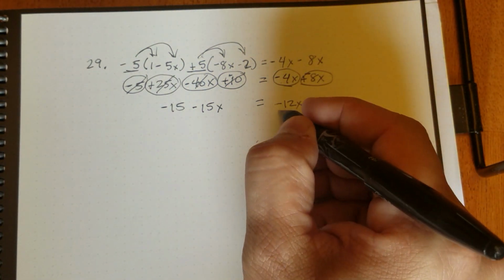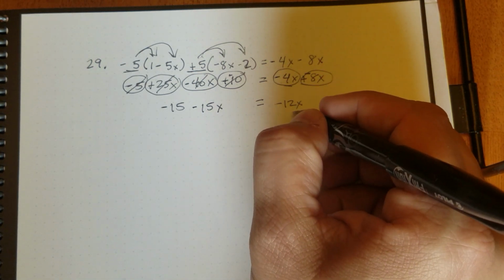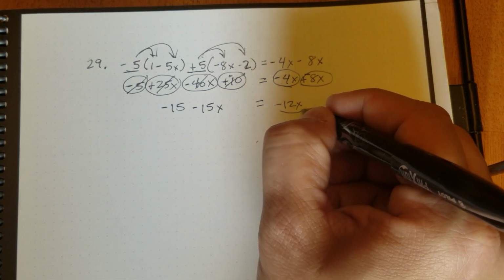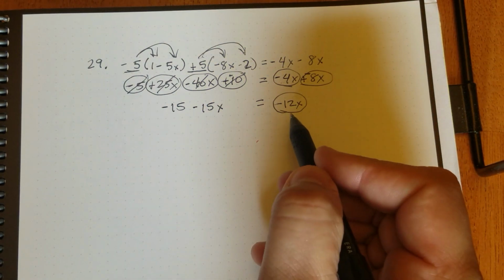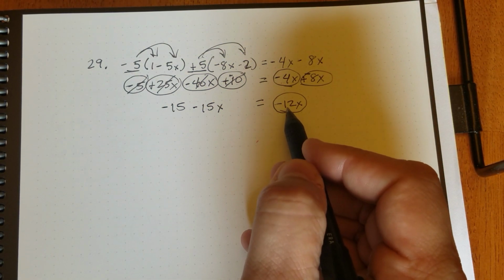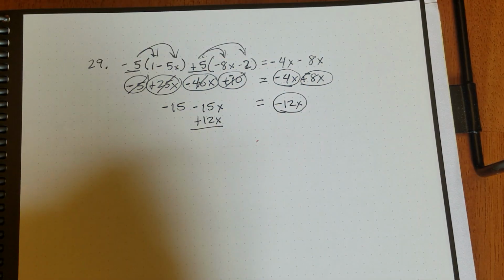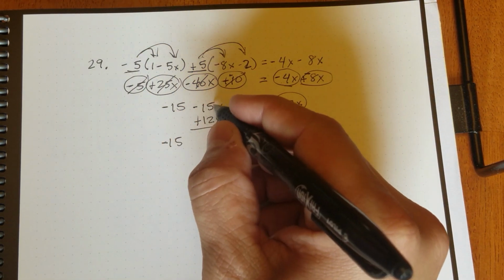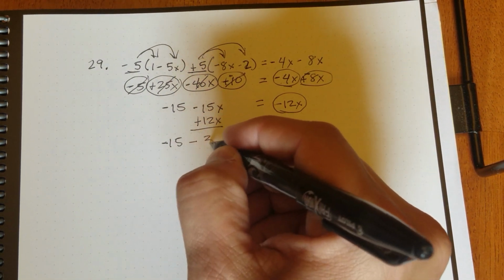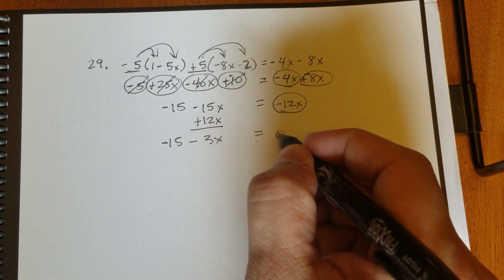So I'm going to move this, because this is probably what most of you will do, which is fine. This to the opposite side means I have to use the opposite sign, so it was negative, so I'll put positive. Negative 15x comes down. Negative 15x plus 12x is negative 3x. And if I do that, there's nothing left over there, so it equals 0.